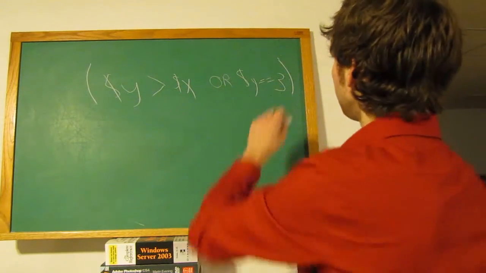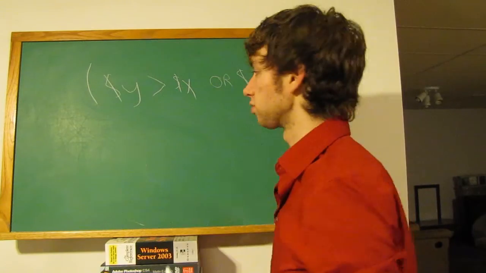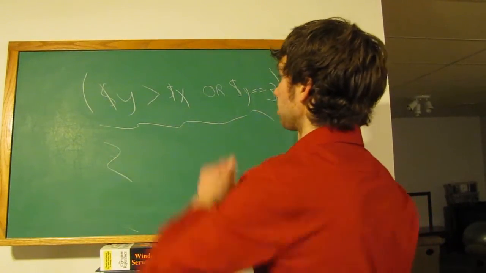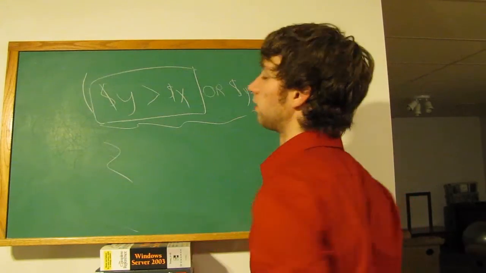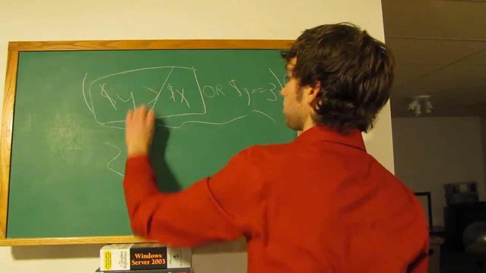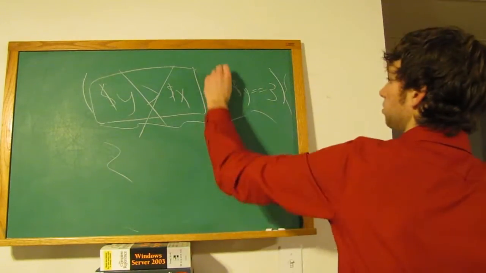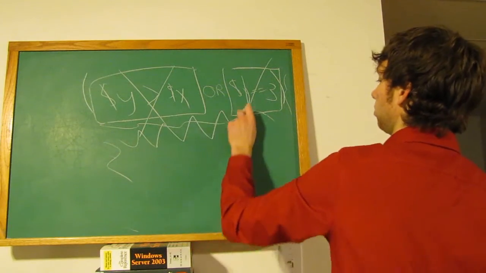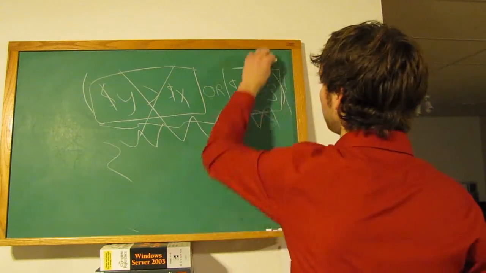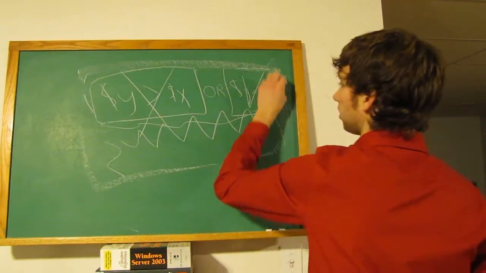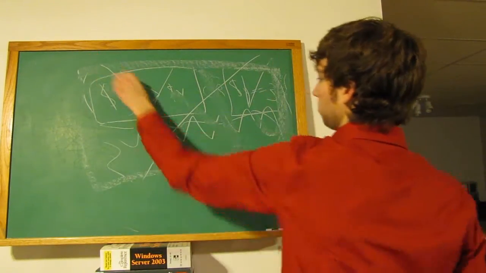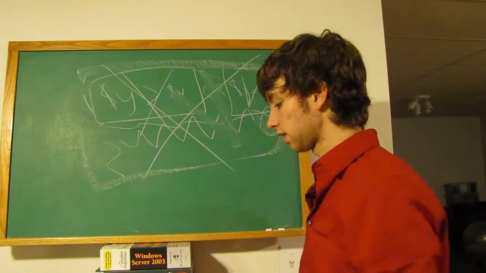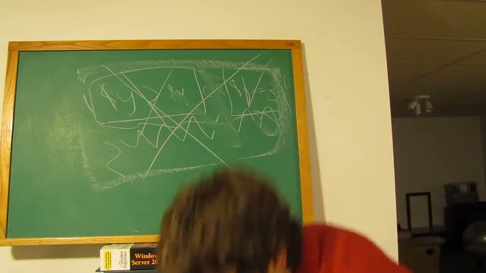Well, then, if either one of these are true, then we're going to run this code here. So it's going to test this one. If it's false, so this one's not true, it's going to test this one. And if it's true, then we're going to run the code. If it's not, then this whole code will be ignored. Just cross it all out because it did not pass the test. So those are basic examples of and or.